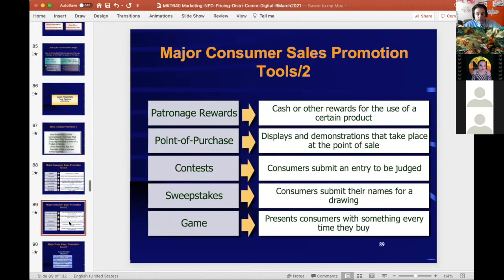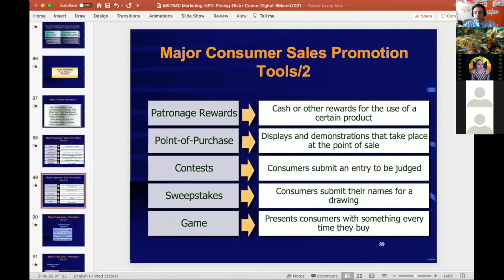So there's sweepstakes, games, and all that. You can't do it all the time. You have to vary, because sales promotion is really good, but you have to be careful because if you do it too often, it loses its impact and damages your brand. So you have to do it with parsimony.